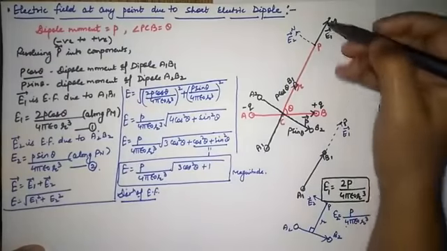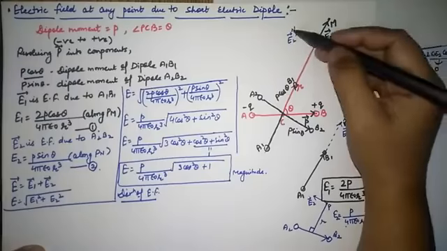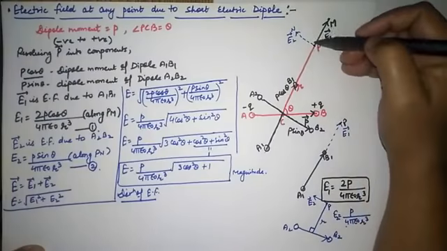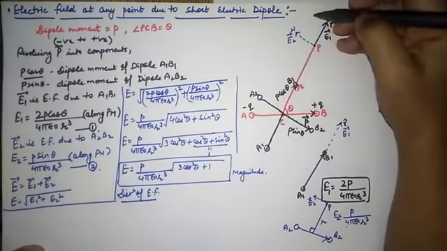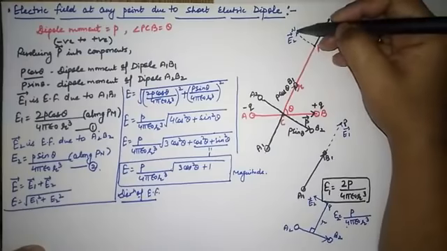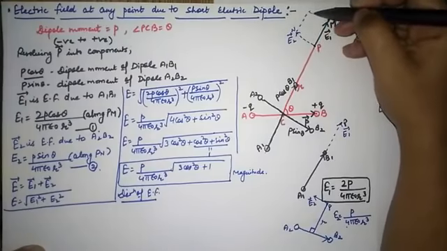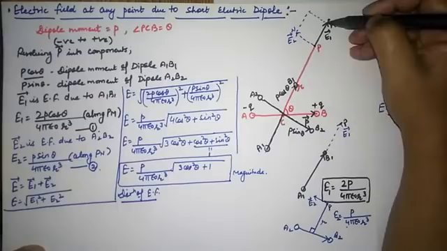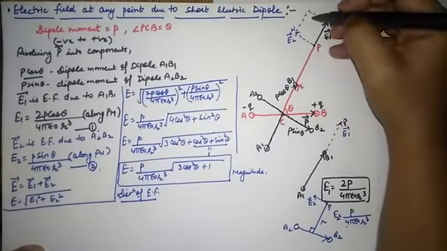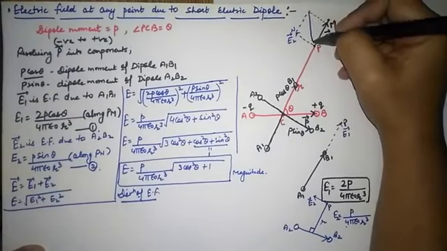We know that if we find the resultant of these two, the direction is always along the diagonal of this parallelogram. So let's complete this parallelogram. Here we have completed this parallelogram, and the resultant E will be along the diagonal.